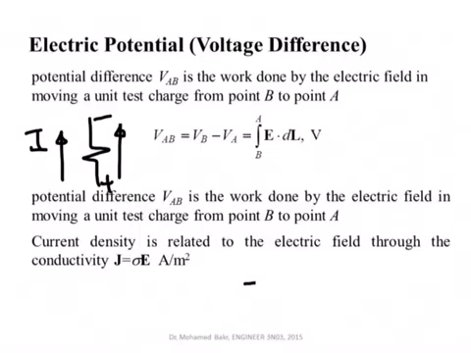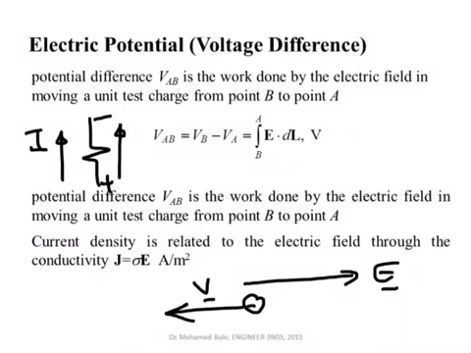So, for example, if you have an electric field in this direction here, E, and you have an electron, this electron will start to drift against the electric field with a velocity V. This velocity is related to another property called the mobility of the electron for this type of material. If you have a positive charge here, this positive charge will drift in the same direction as the electric field, creating current. So both of these will create current, okay? So the direction of the current is the same as the direction of the electric field. This is a fundamental concept.